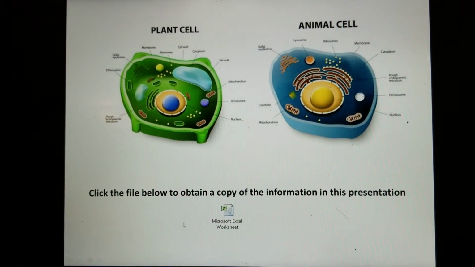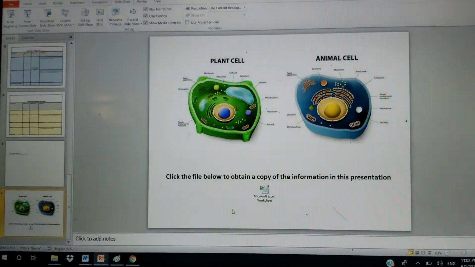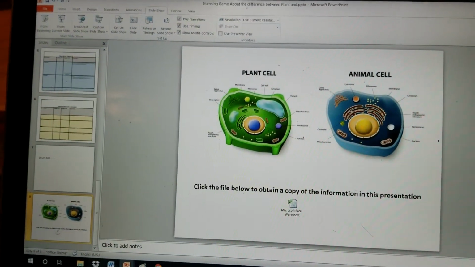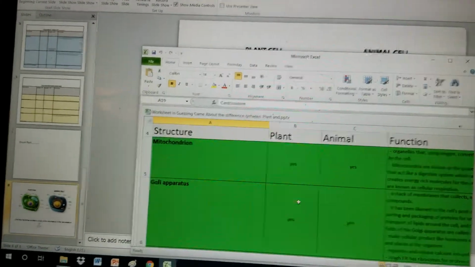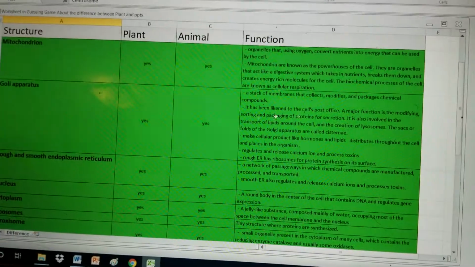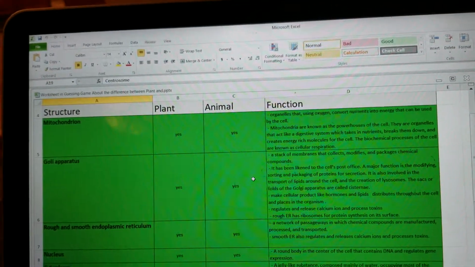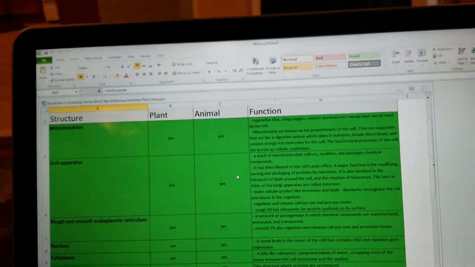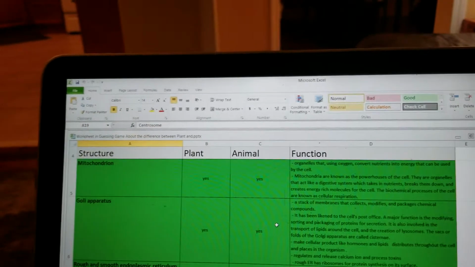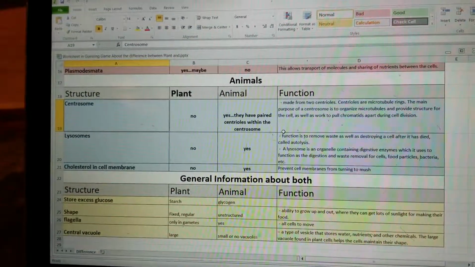And what you can do is click on this link below, and all the information that I have presented to you in this presentation is now in an Excel file, labeled with what they are, plant or animal, what structures are contained in them, and just some general information.